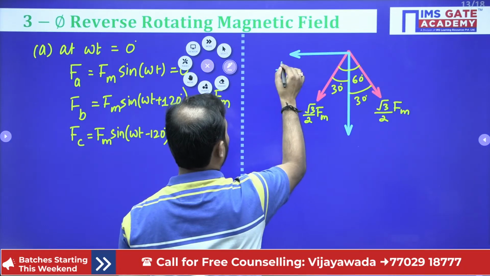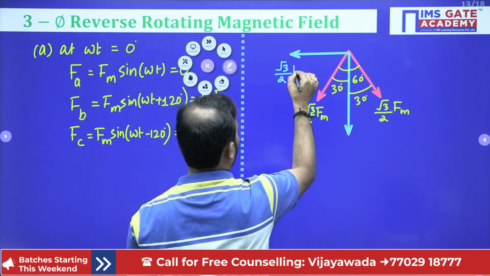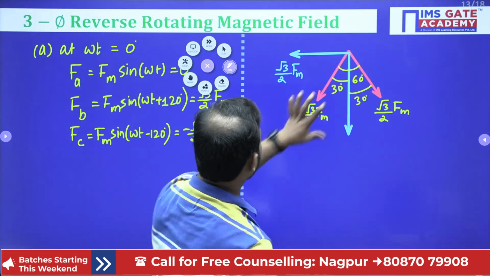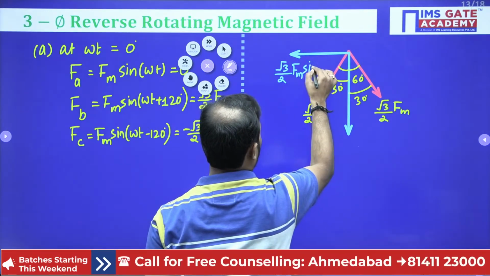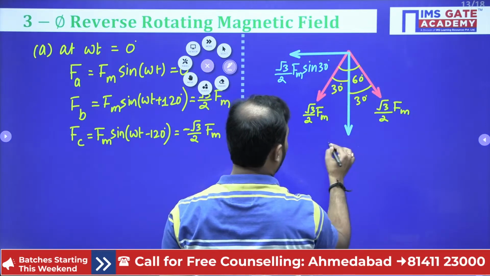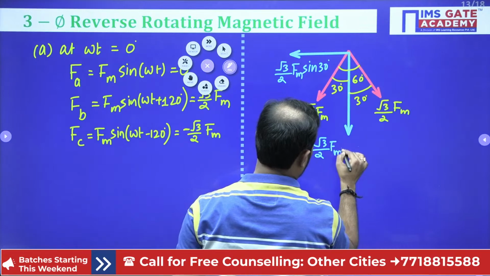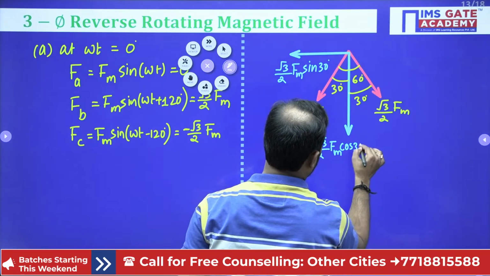This will be root 3 by 2 FM, so the components become root 3 by 2 FM sine 30 degree and root 3 by 2 FM cos 30 degree.